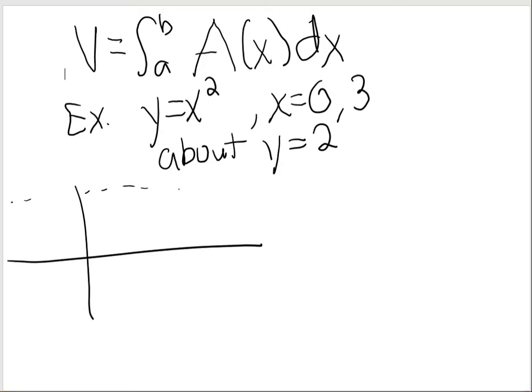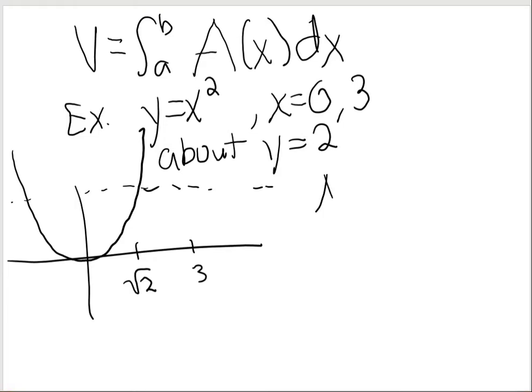You have up here y equals 2. You have the parabola, which crosses over at square root of 2, but it still goes all the way over to 3. And so we have to think about, well, what's our area function?